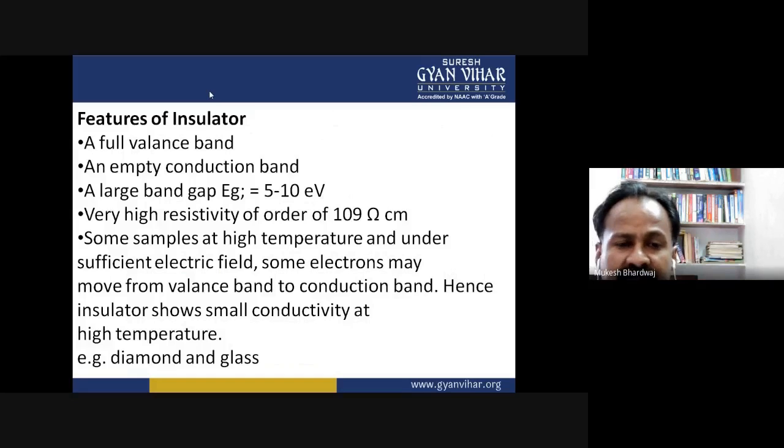Whenever energy above room temperature is provided, the characteristic properties of the electrons or atoms change, and some energy is gained by the electrons, and they start moving from the valence band to the conduction band.